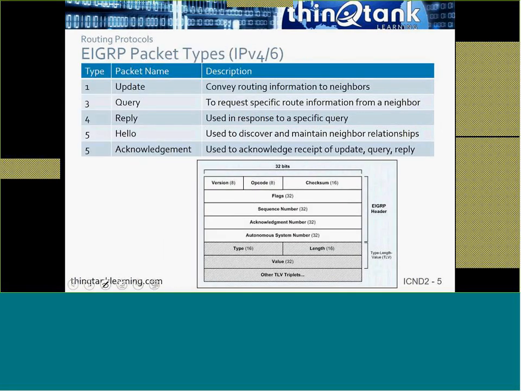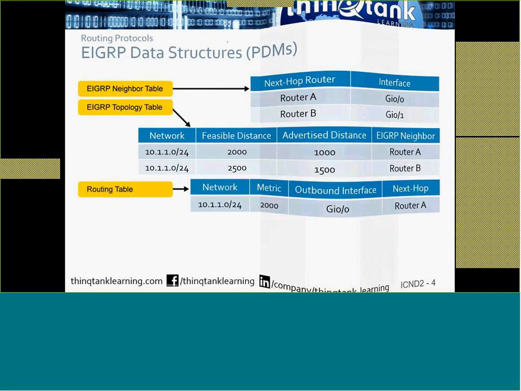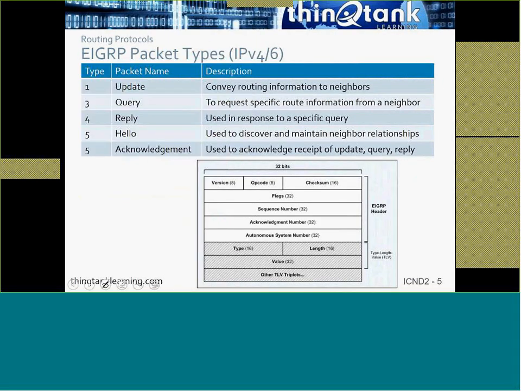So remember we talked about data structures. The next thing was routing protocol messages. These are the messages that are used by the protocol to disseminate information. All right? There are 5 different routing protocol messages that exist. And by the way, this is not a typo.